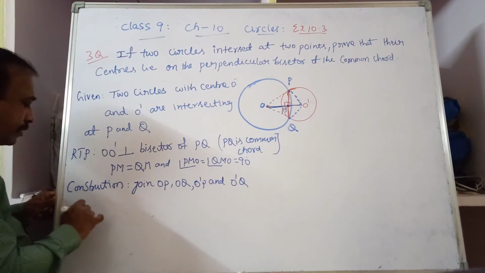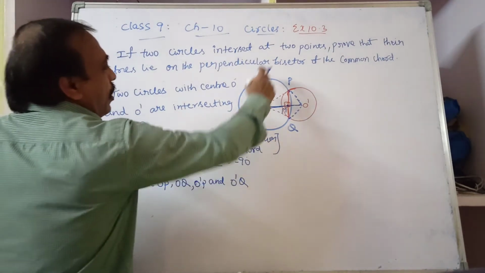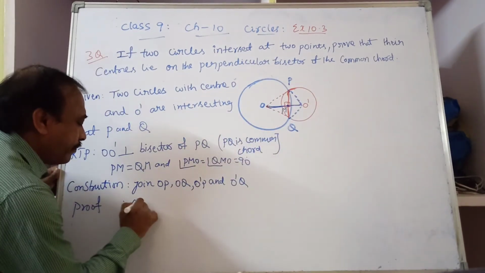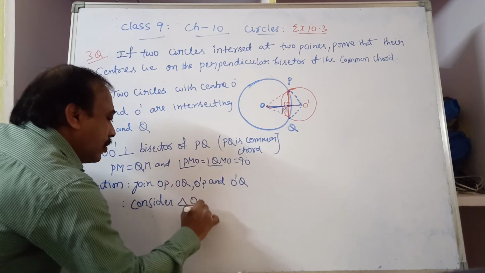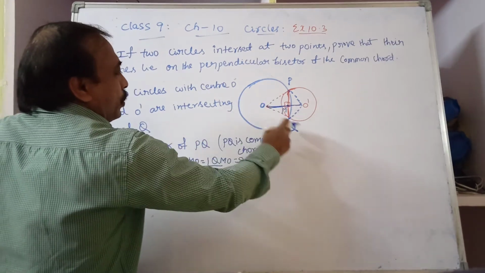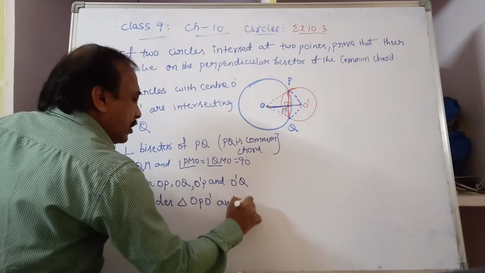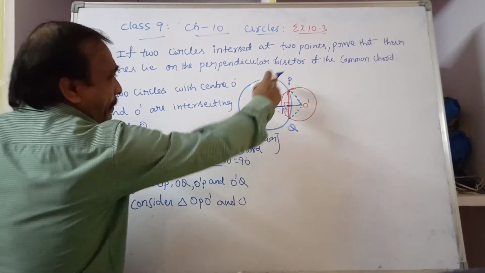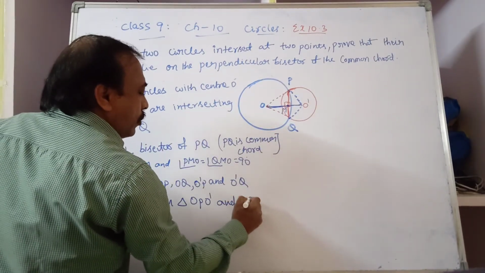Proof. Consider triangle OPO dash and triangle QOO dash. Observe it. You can say OPO dash and OQO dash like that also.